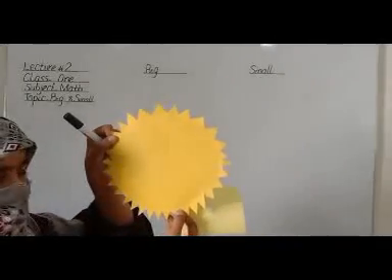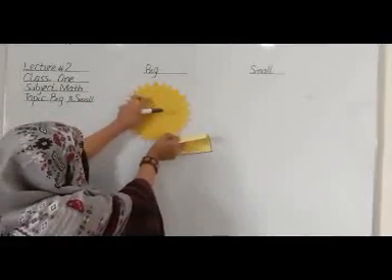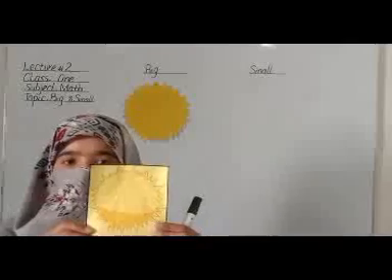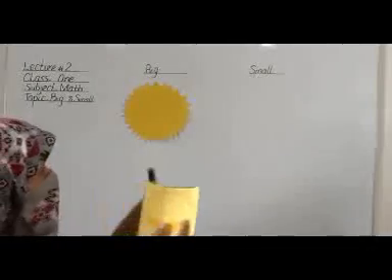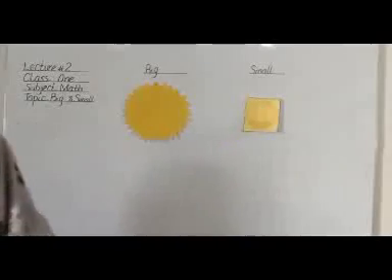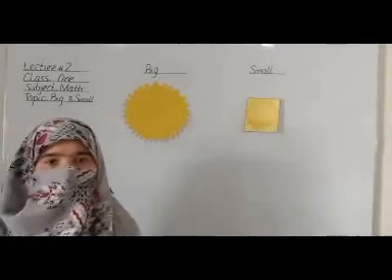Now this sun is bigger, place it under the bigger. Okay. Now this sun is smaller. Now place it under the smaller. I have two pair of lamps.